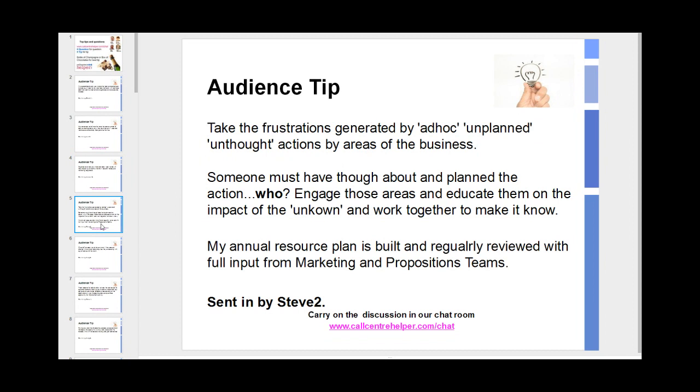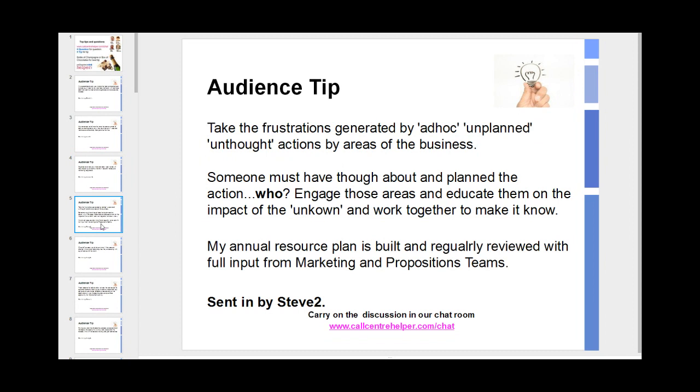Aha. So there's quite a nice one here from Steve who says, take the frustrations generated by ad hoc, unplanned actions by other areas of the business. Someone must have thought about and planned the action. Who? Engage those areas and educate them on the impact of the unknown and work together to make it known.